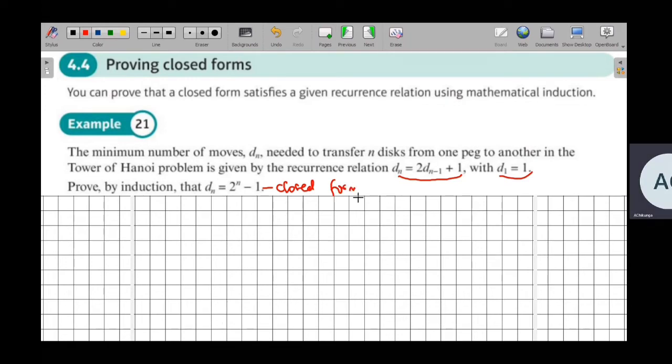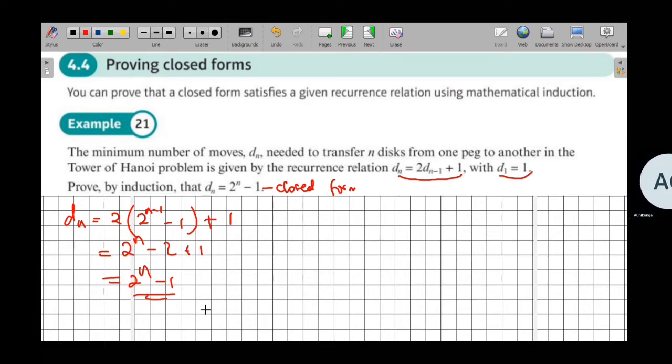So technically we need to be substituting to see that it is a solution, isn't it? By substitution, I mean you could just say d_n is equal to 2, then you put 2^(n-1) minus 1, plus 1, like this. Then you're going to get 2^n minus 2 plus 1, then you get 2^n minus 1. Proved. It is a solution.